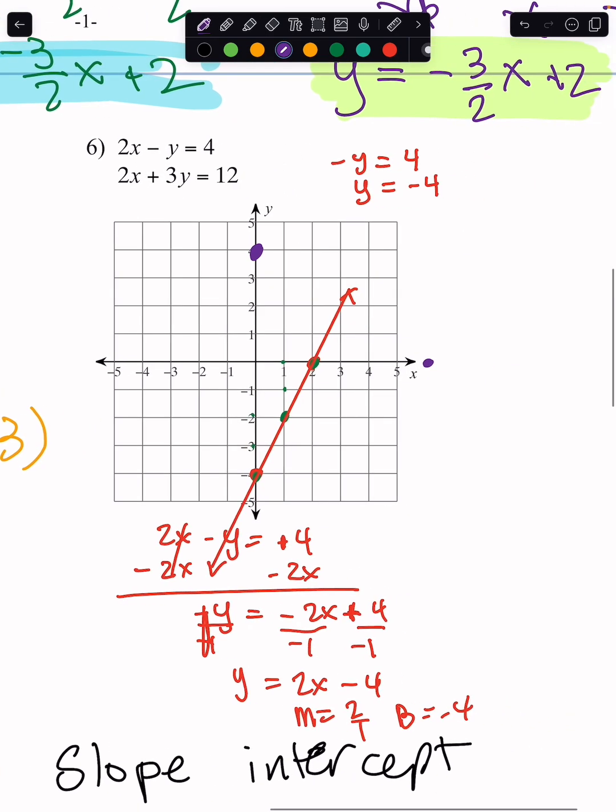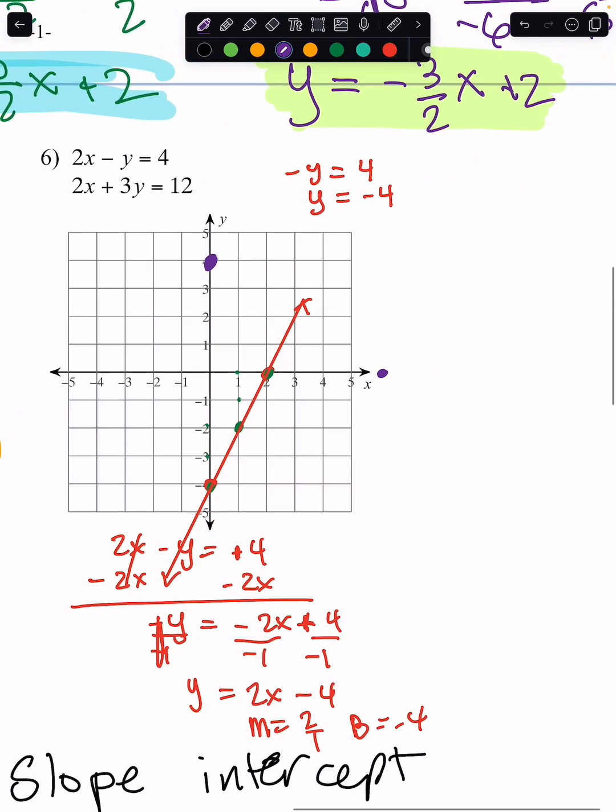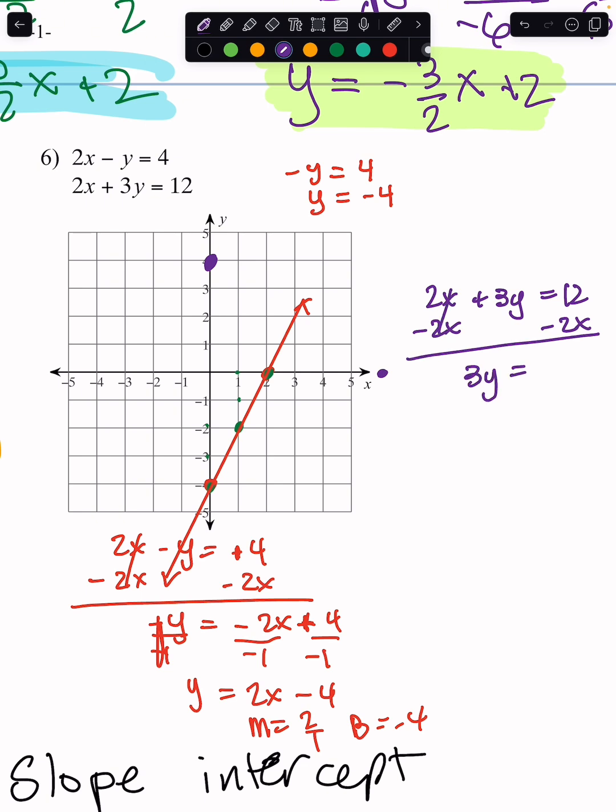Minus 2x, minus 2x. I get 3y equals negative 2x plus 12. I'm going to divide everything by 3. Y is equal to negative 2/3 x plus 4. So my y-intercept happens to be 4.